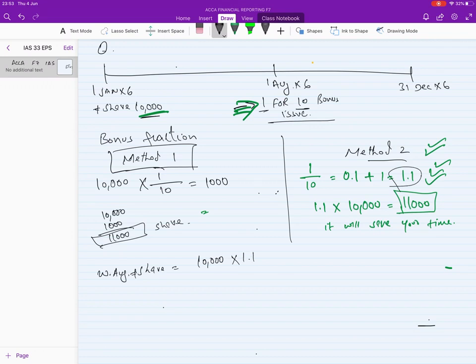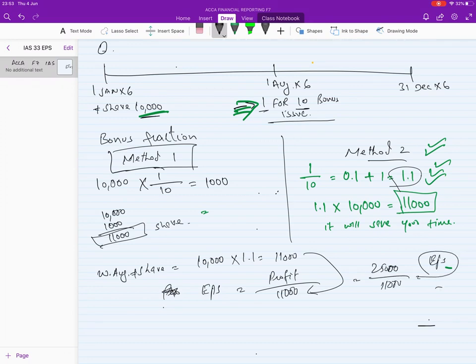This 1.1 gives 11,000 shares. Now just put profit for EPS. EPS is equal to profit divided by number of shares, which is 11,000. Suppose your profit is 25,000 divided by 11,000. So this is your EPS. Simple.